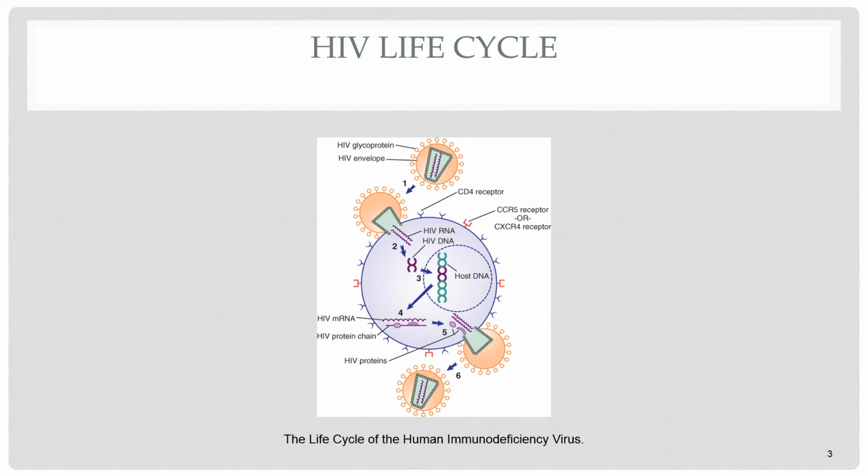And there's several steps in the process. It has to get into the cell, the CD4 cell, and it has to cut itself up, and all these steps. And part of the viral therapies, some of the things that we give patients to combat this little critter, deal with different parts of that HIV life cycle.